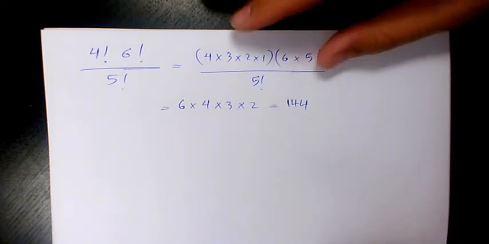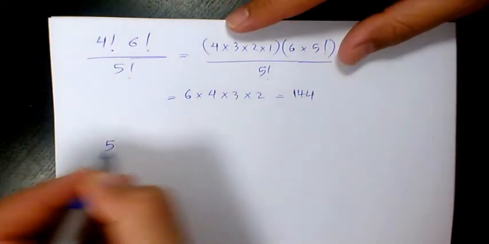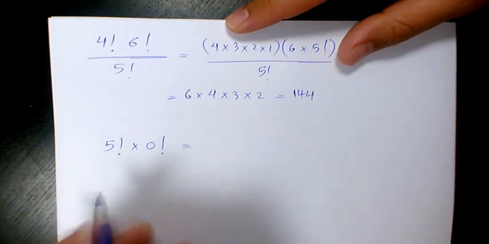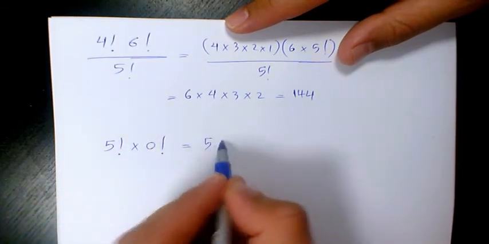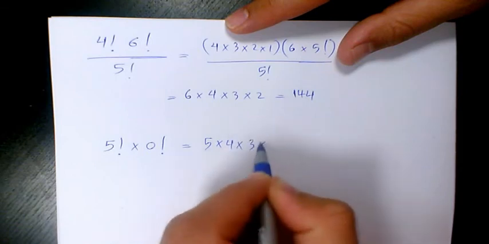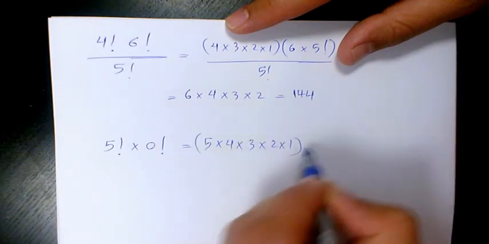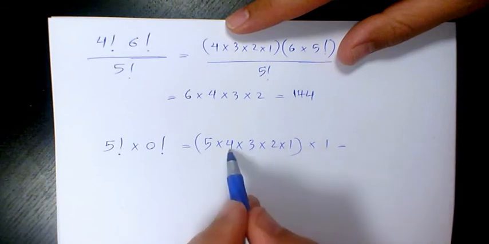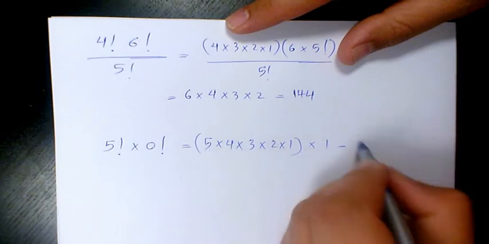Now I want to show you, if you have 5! multiplied by 0!, what do you get? 5! is 5 times 4 times 3 times 2 times 1, multiplied by 0! which is 1. So the answer is going to be 120.